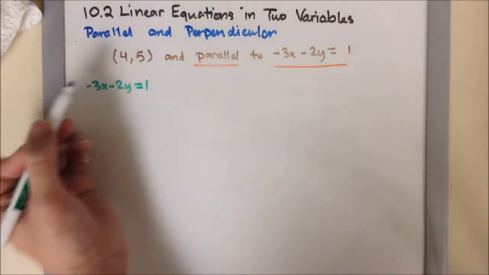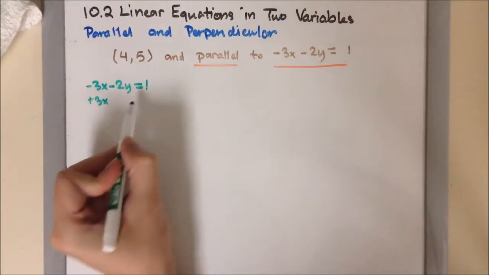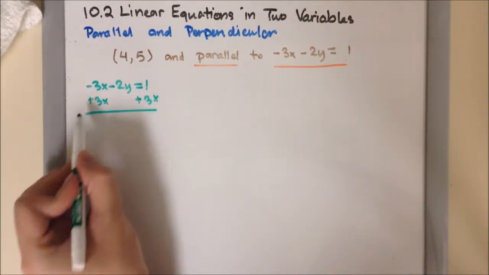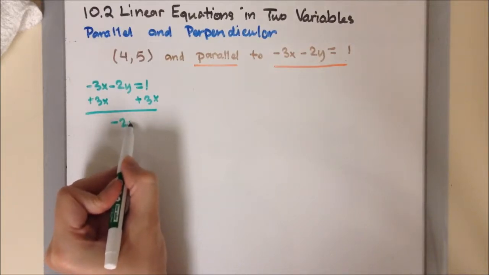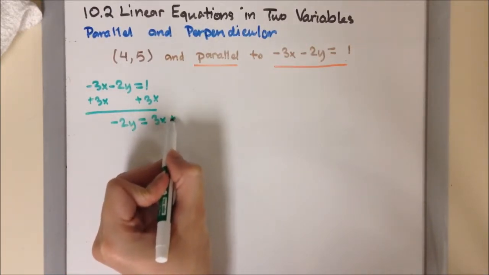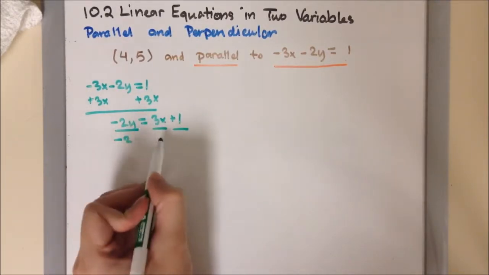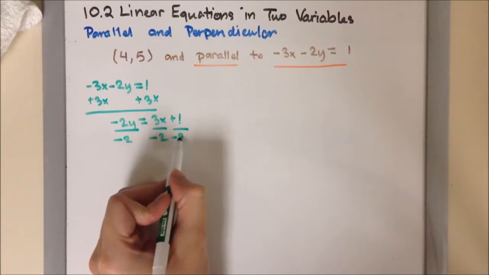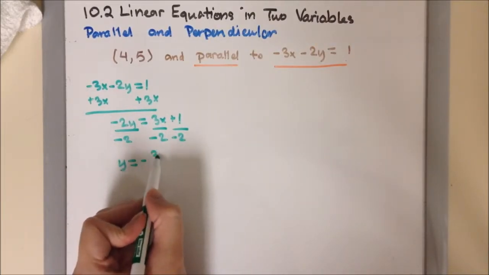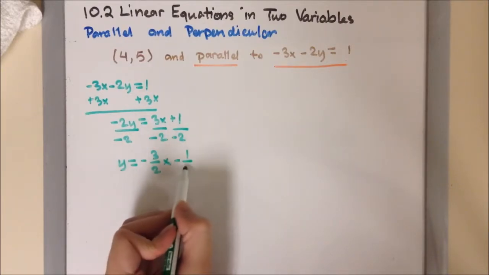I'm going to add 3x to both sides, so I'm going to have negative 2y equals 3x plus 1. Divide both sides by negative 2. So this will be y equals negative 3 over 2x minus 1/2.